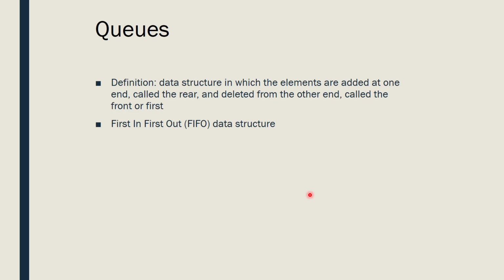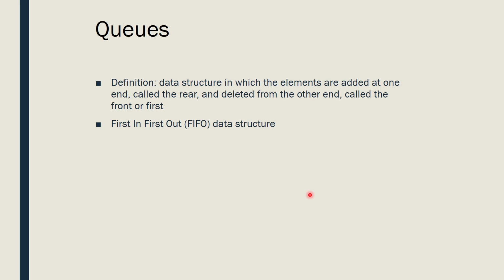By definition, a queue is a data structure in which the elements are added at one end, called the rear, and deleted from the other end, called the front. Now, if you want to add a new item to the list using a queue, the new item will be put at the end.